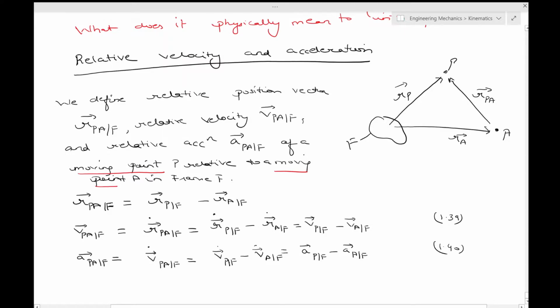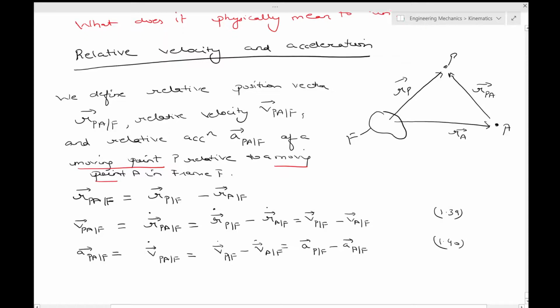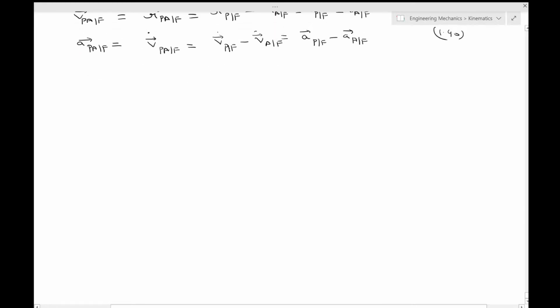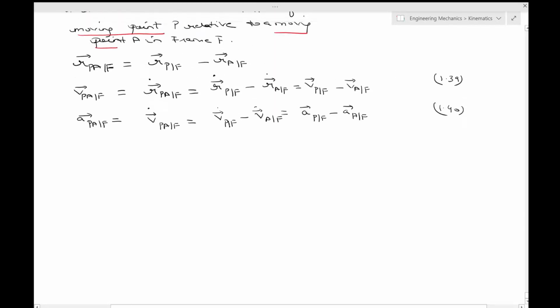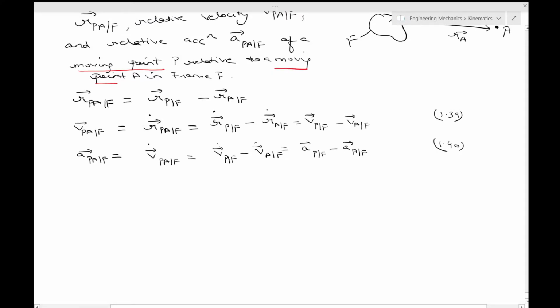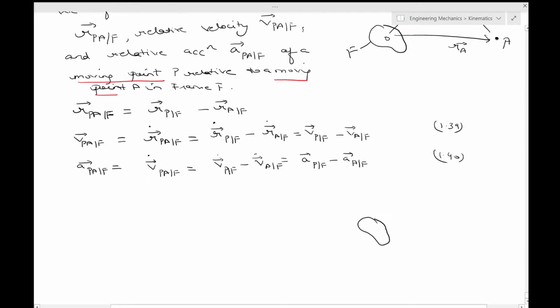Okay, so we can now, let me just, this is a frame F, and then you have this other point B. It can also be another moving point.